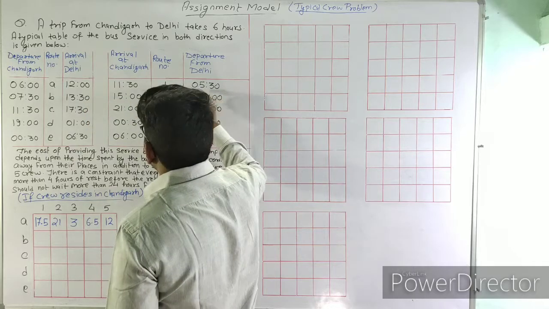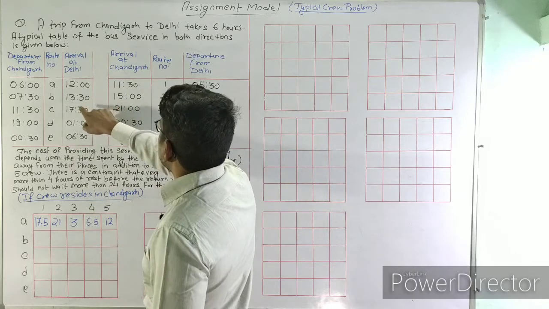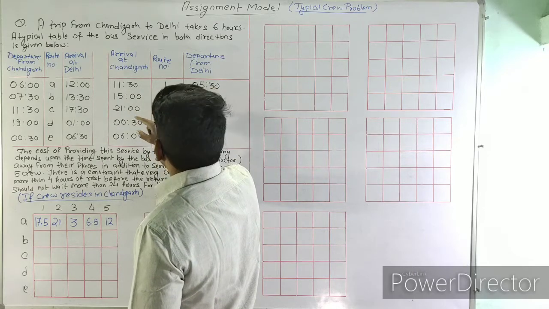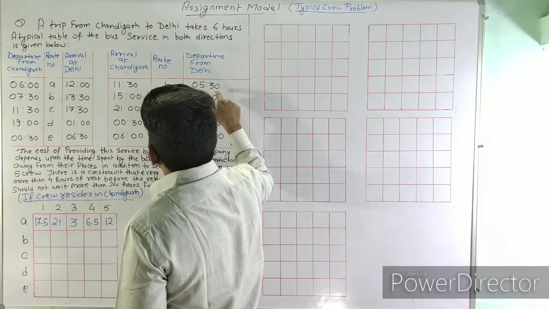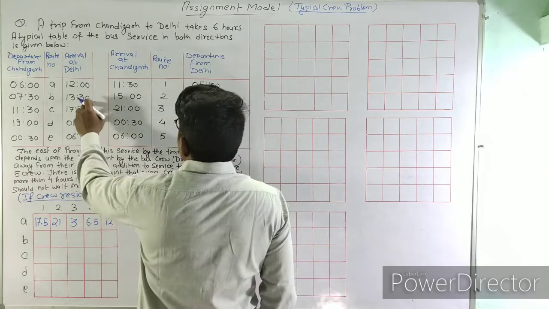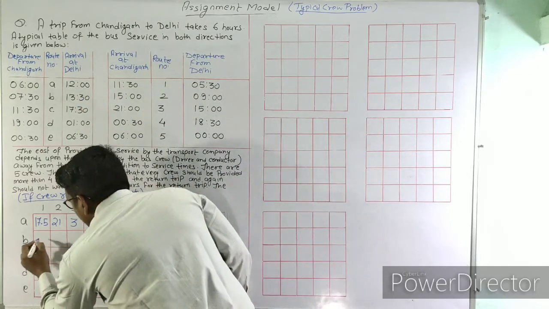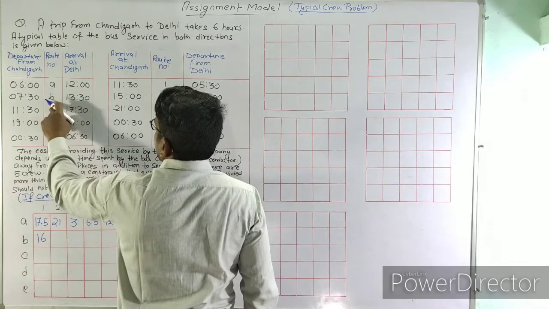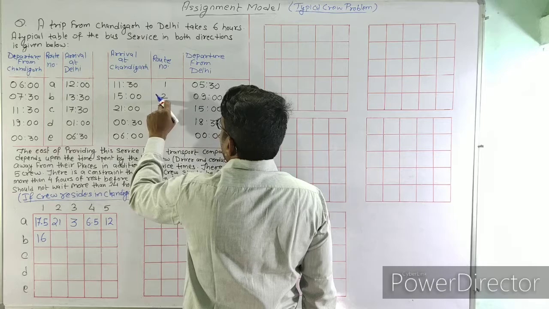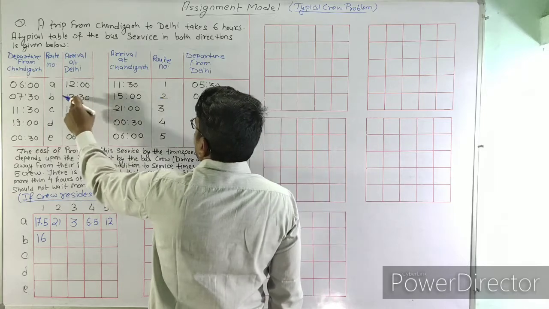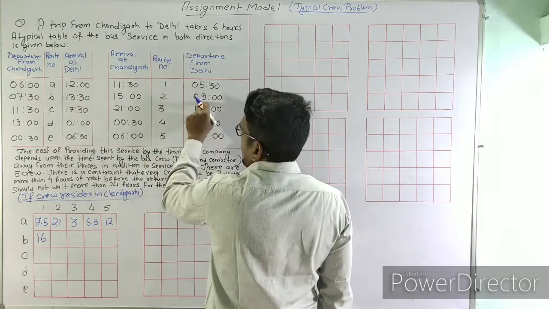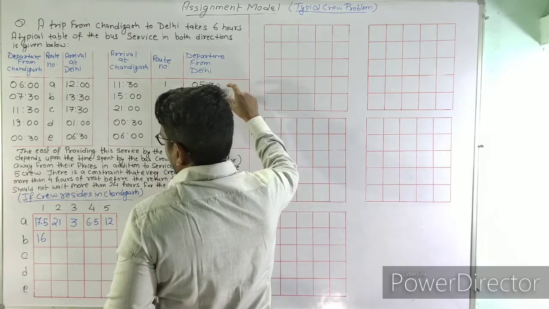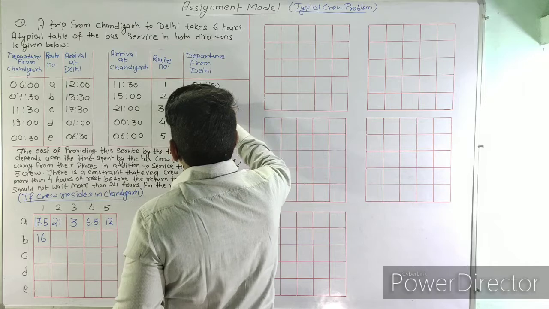This is 13:30, let us say 14, plus 10 plus 6, 16. So the difference here is 16 hours. Similarly, if a crew arrives from route B and departs from route 2, 13:30, and this is 9, so 6 plus 3, 9. So this will be 19.5.